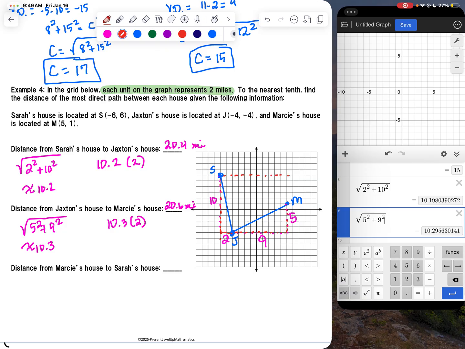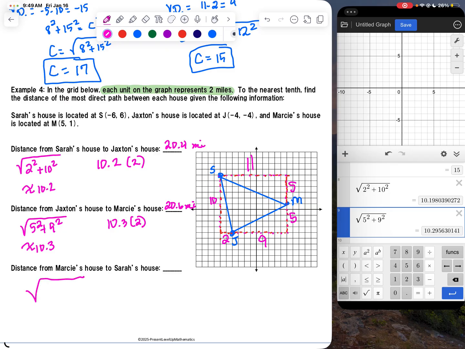I drew a right triangle from Sarah's house down to Marcy's house. I made a line segment there. Then I calculated the horizontal distance, which is 1, 2, 3, 4, 5, 6, 7, 8, 9, 10, 11 units. And the vertical distance, 1, 2, 3, 4, 5 units.